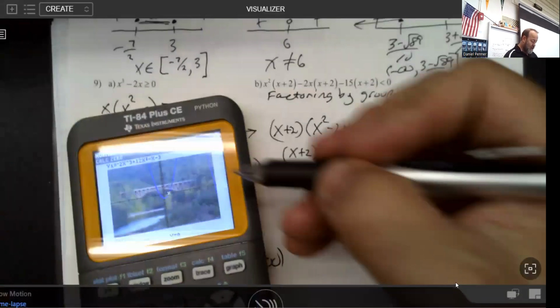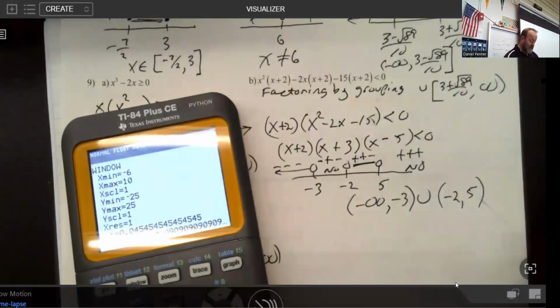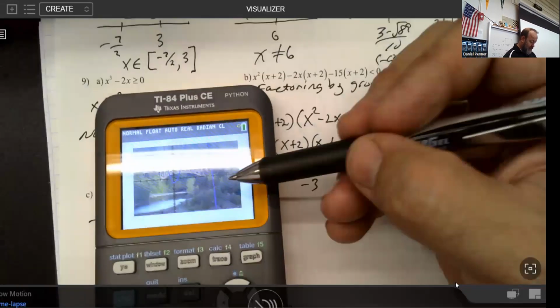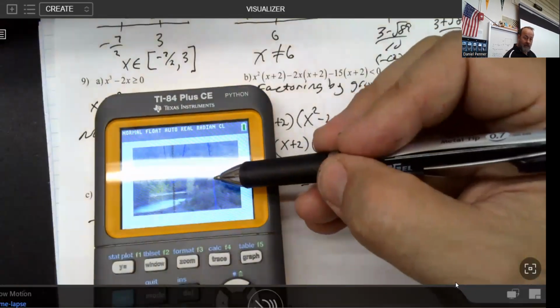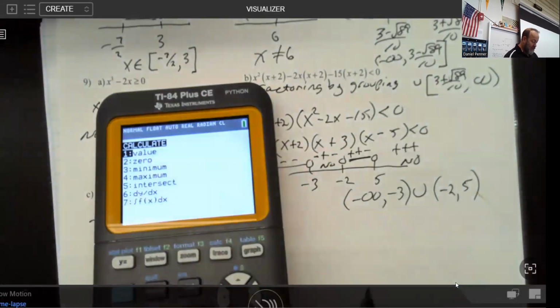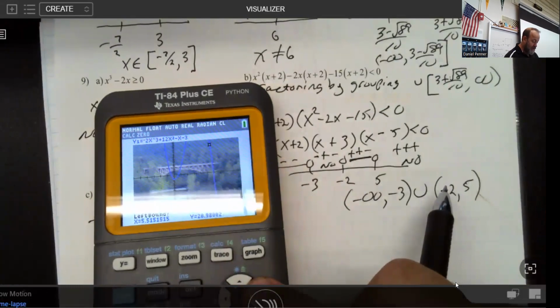Now, it's way over here to the side, so I'm not liking my window very much. So I'm going to open it up just a little bit. And I want to find out where this place is where it crosses from the x-axis and goes below. So second, calculate the 0 again. I'm going to move my cursor over pretty close to the number 6, which is where we found it.